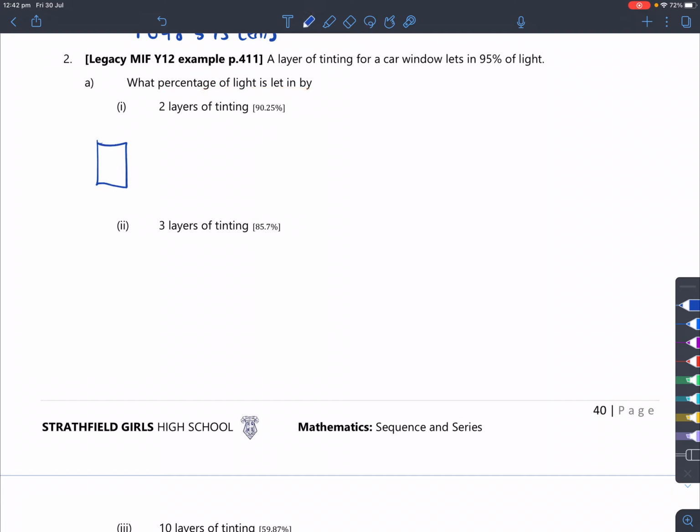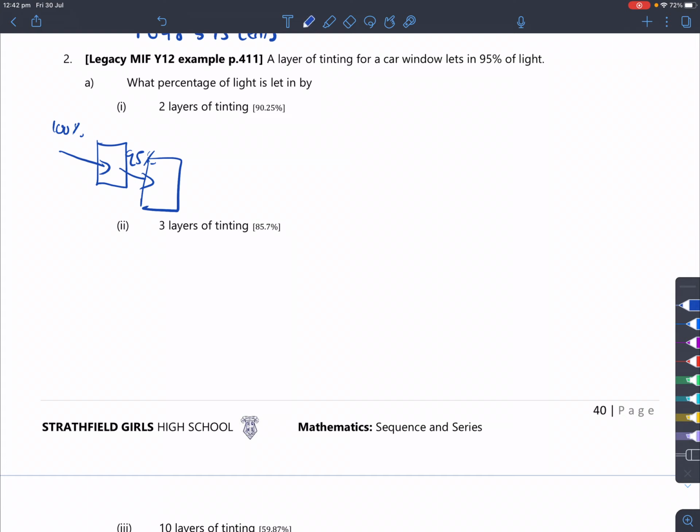So if the first tint only lets in 95%, and this goes through, okay, this goes through here. Then if it goes through another layer of tinting, I should actually write down 95% here because 100% was in first. Now 95% of this light went through, and it's going through another window, so 95% of this value goes through.